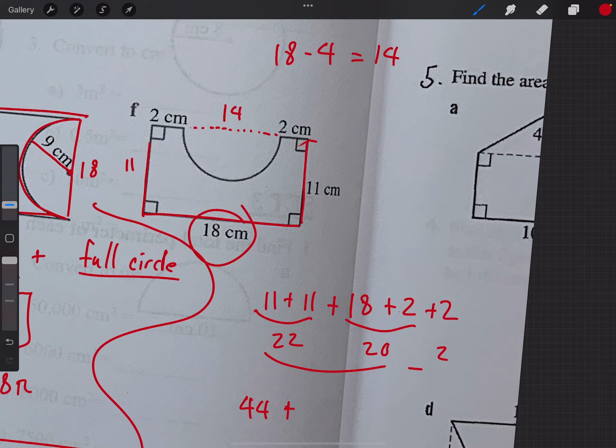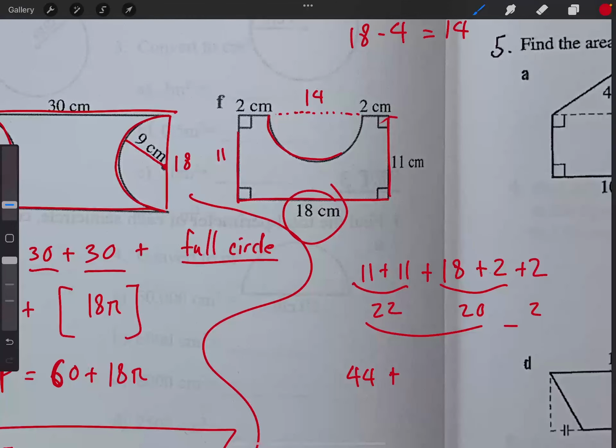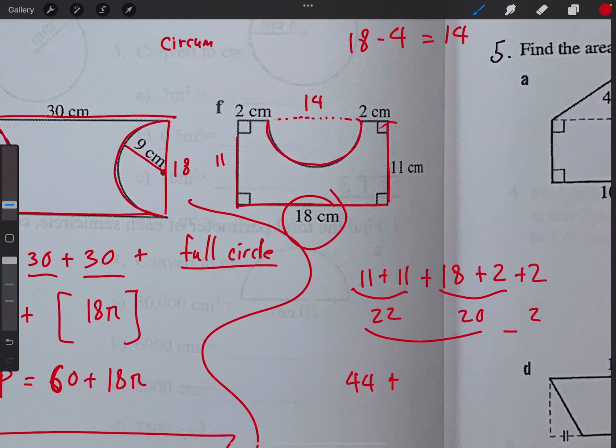And that remaining length also happens to be the diameter of this semicircle. So to find the circumference of the semicircle, the circumference is equal to the diameter, which is 14, times pi. So 14 times pi. And then we divide it by 2 because it's a semicircle.